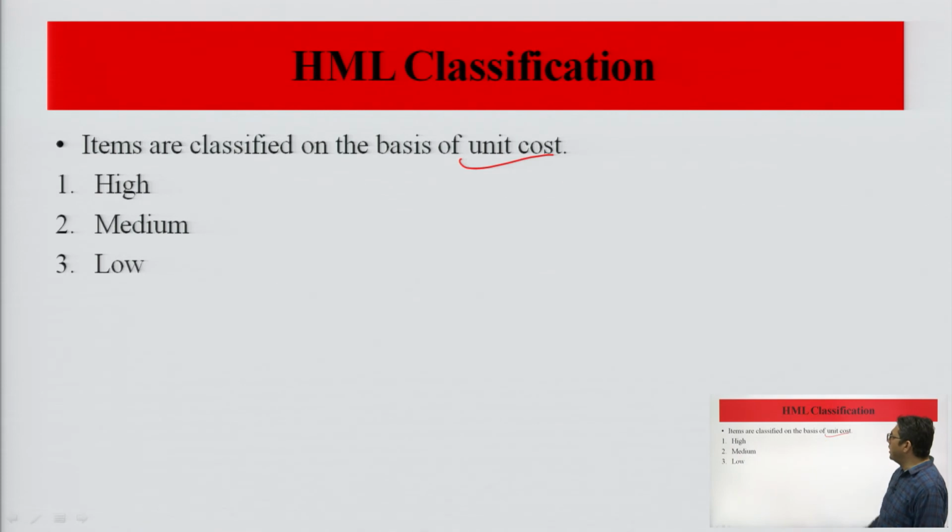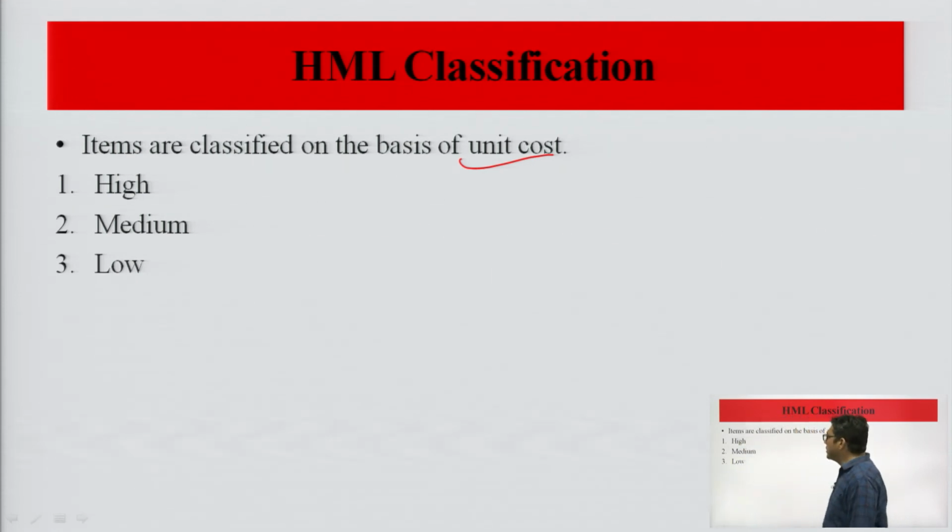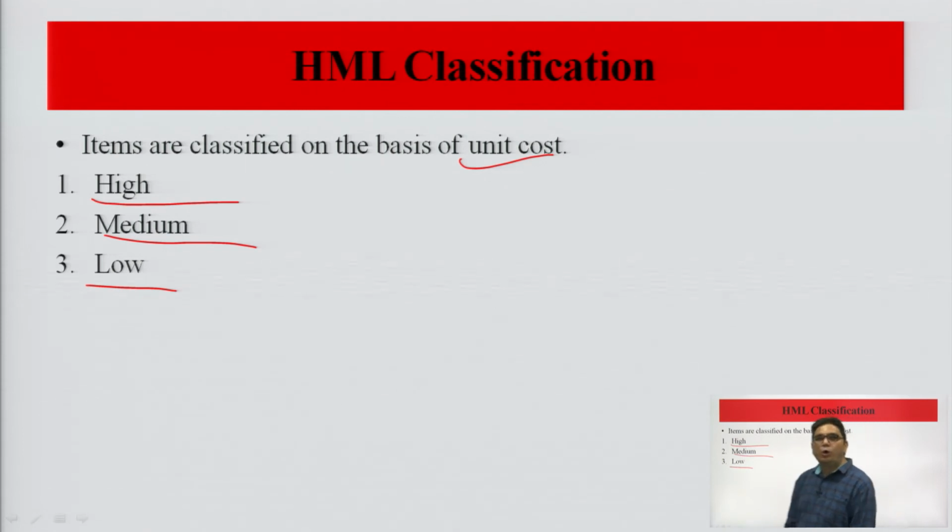Next, the third one is the HML classification, and it is based on unit cost. The unit cost of the equipment or product could be high, medium or moderate, or very low.